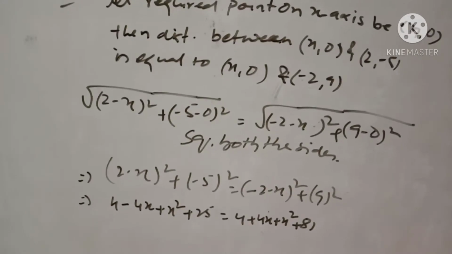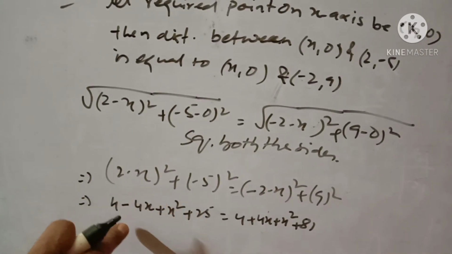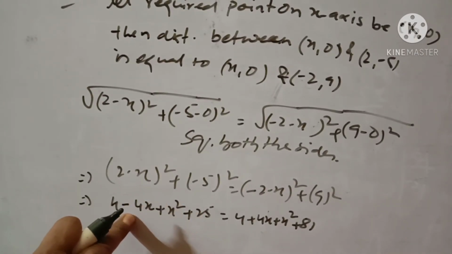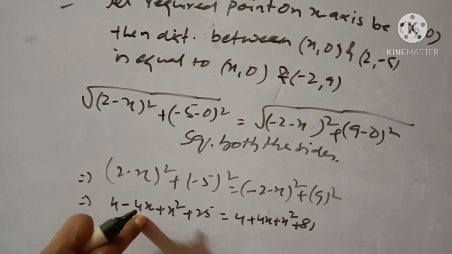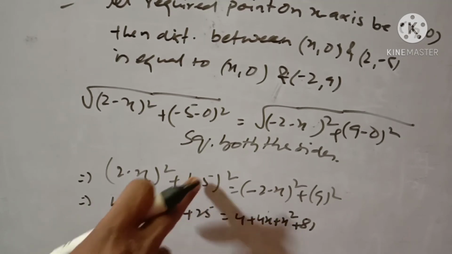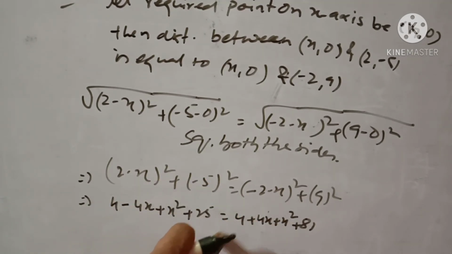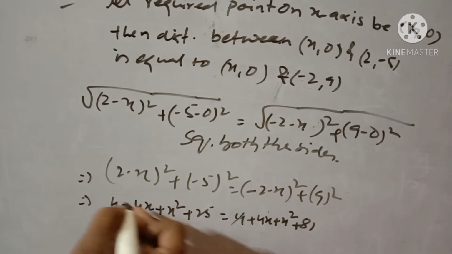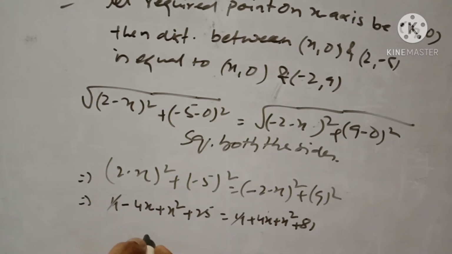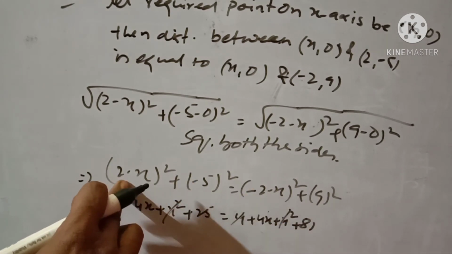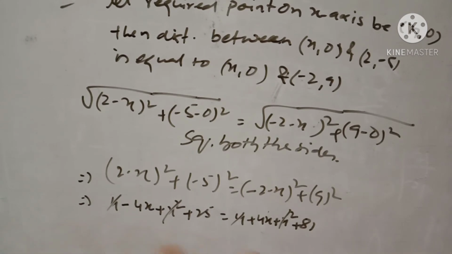So (a minus b) whole square we can write as a square minus 2ab plus b square. And (-5) whole square will come 25. Now this 4 cancels, and x square cancels. Here also a minus b whole square.